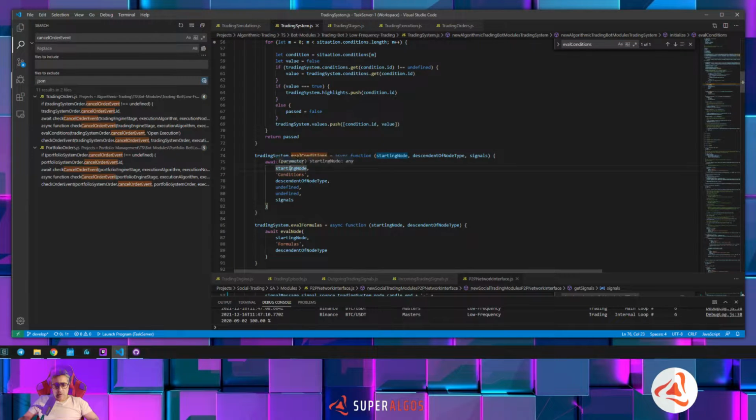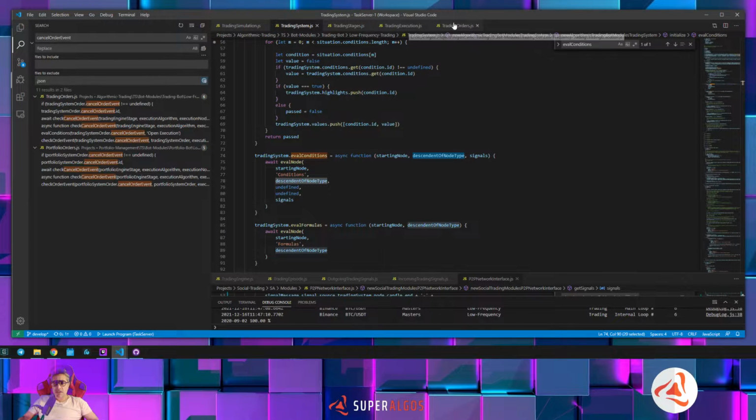Starting node, descendant of node type. Okay, it's like a filter to avoid some part of that branch of nodes that are not descending of a certain node type.